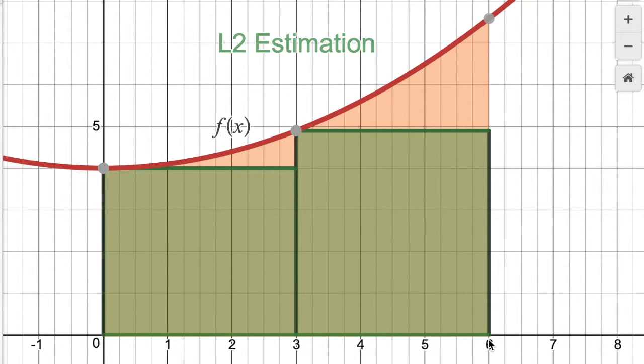But for more complicated ones, essentially we do b minus a, which would be 6 minus 0, over n, which is the 2 here. So our width of each rectangle is 3 units. And then we use the left-hand side as our height. So this is the left-hand side of this first rectangle here. I run my line up until I hit my function, right? So that's at 4.